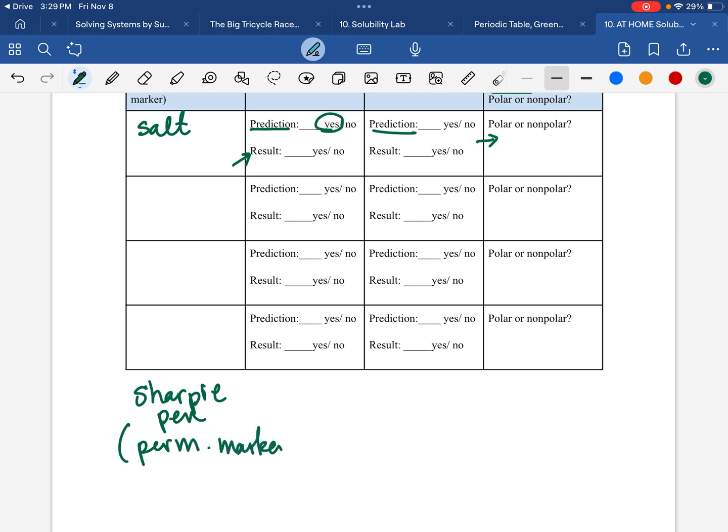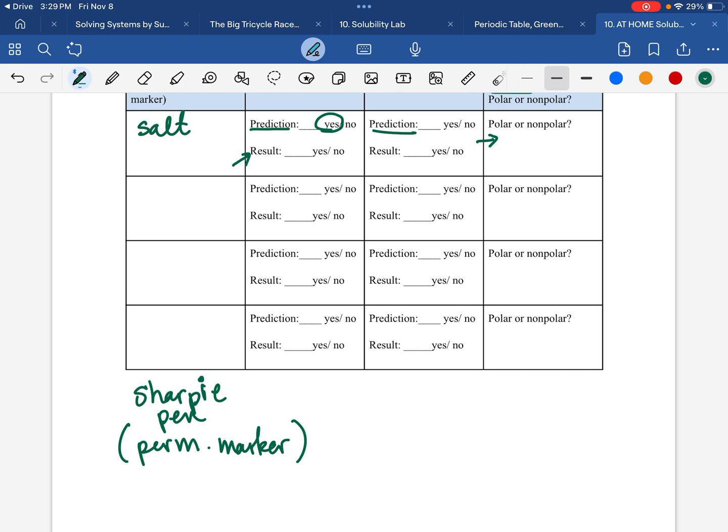You can test it by drawing a little bit of Sharpie on a little piece of glass, or on the bottom of a ceramic plate, something where no one would be mad that there was Sharpie drawn on it. And then you can see, can you clean it off with water? Does it dissolve in water? And then try it again, see if you put a little bit of oil on it, will it make the Sharpie dissolve? So that's an interesting thing.